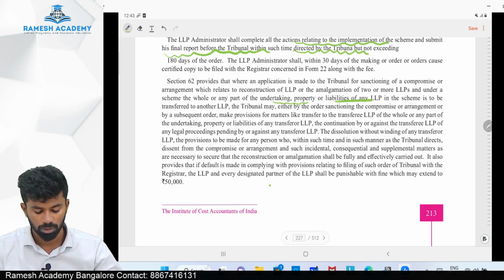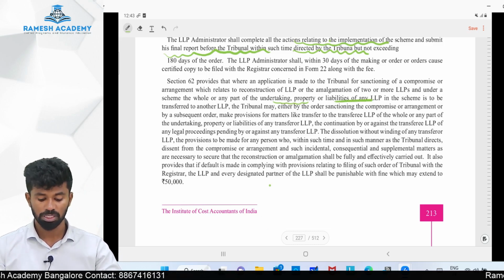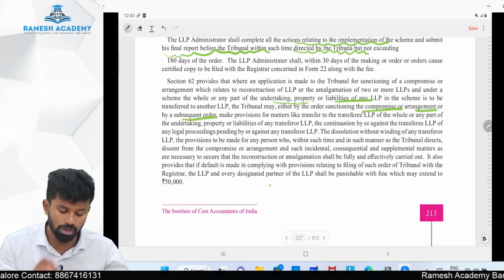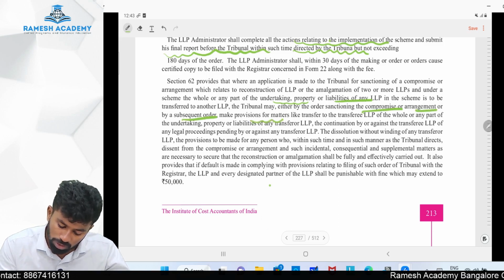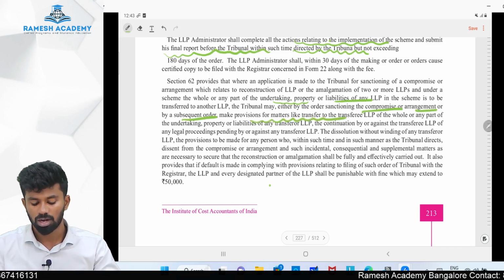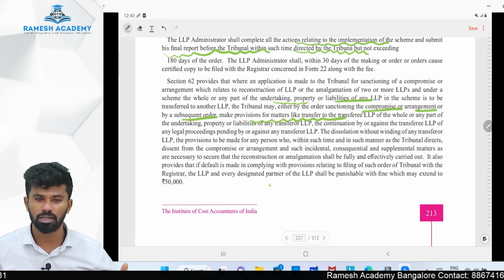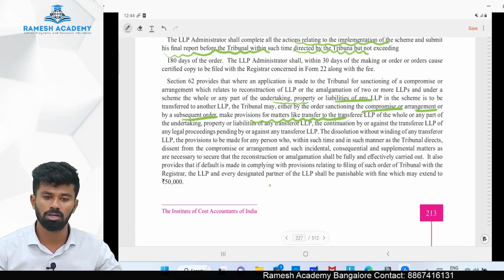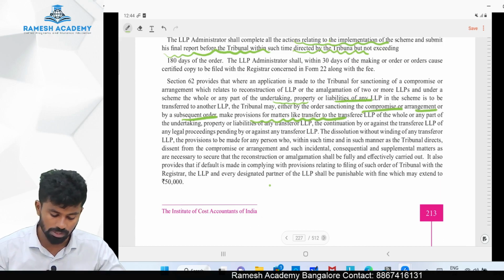Another LLP. The tribunal may, either by the order sanctioning the compromise or arrangement or by subsequent order, make provisions for matters like transfer to the transferee. Meaning while ordering it, the NCLT may also order for transfer of properties, liabilities as well as any other rights.